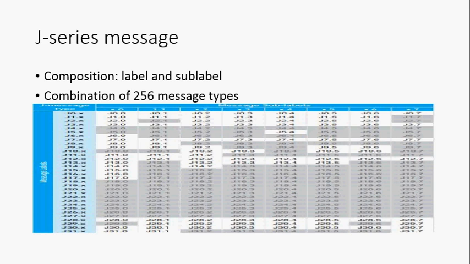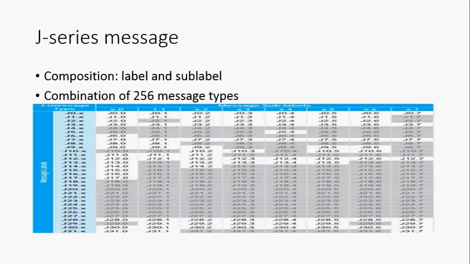So now that we know some of the terminology, I am going to start explaining something about the J series messages. This message format is identified by both label and sublabel. The label field is 5 bits wide, and the sublabel field is 3 bits wide.